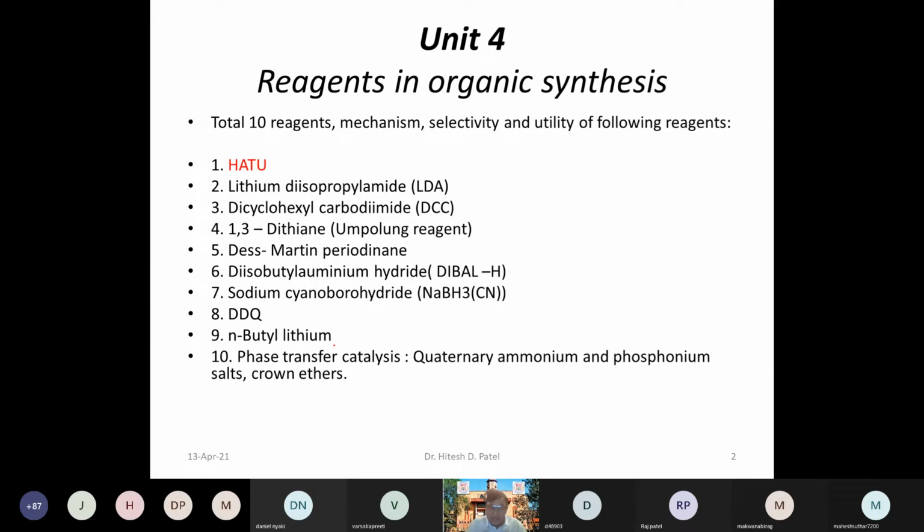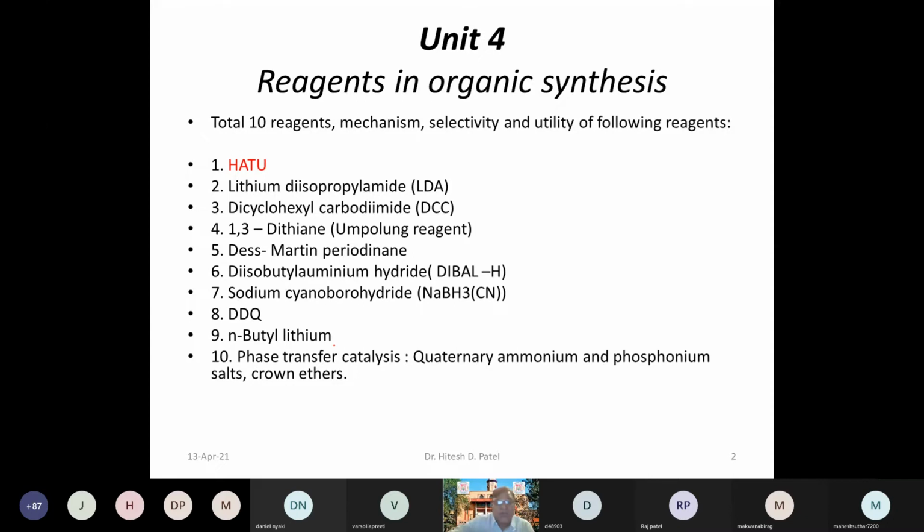Now phase transfer catalyst is again new for you. The reason is you are familiar with the two phases, that is aqueous phase and organic phase. But sometimes in many reactions, some compounds are soluble in the organic phase, meaning they are in an organic environment, and some compounds are soluble in water.